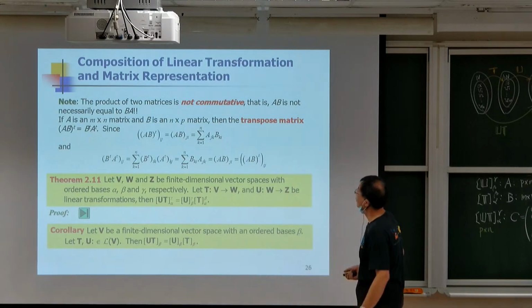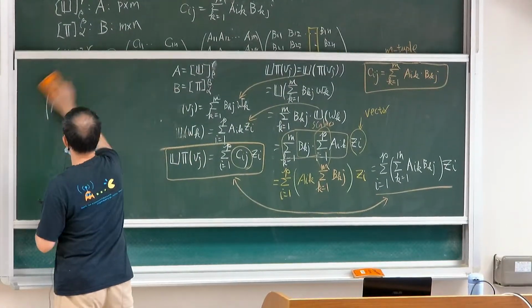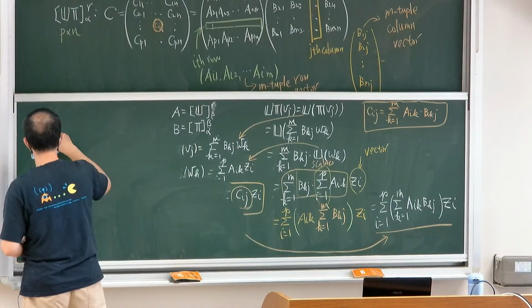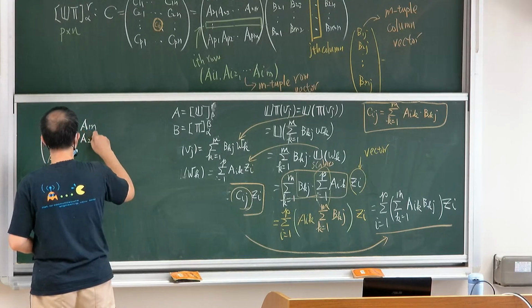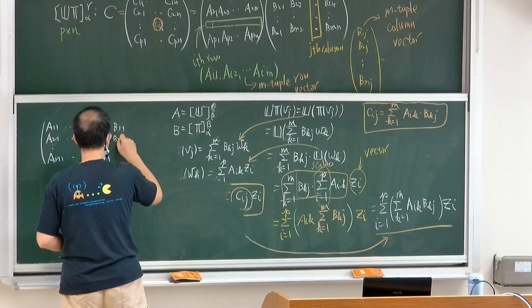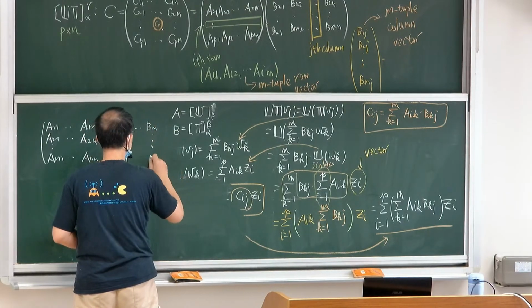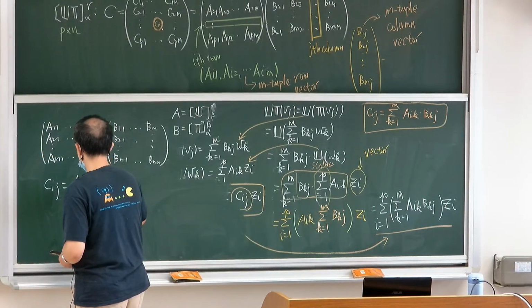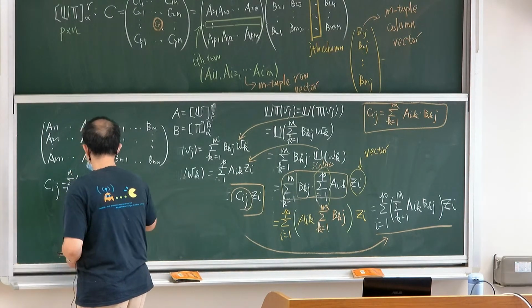Because if I have A as n by n, A11, A21 to An1, A1n, A2n to Ann, times B11, B21 to Bn1, and B1n to Bnn, then Cij will become the summation from k equals 1 to n of aik times bkj.